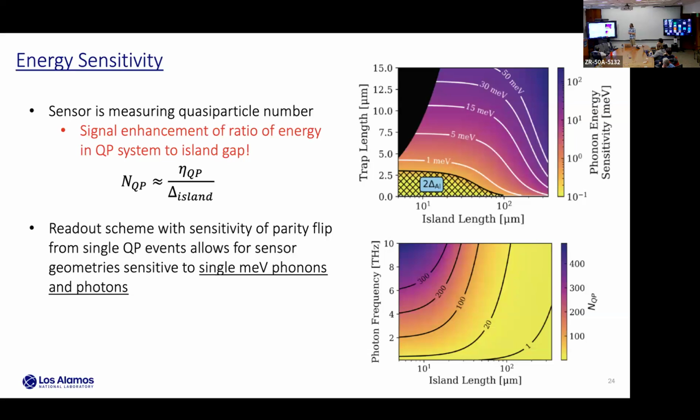But the Josephson junction isn't sensitive to that energy, it's sensitive to just the tunneling of the quasi-particles. What we actually get is we measure the total number of quasi-particles. So whatever energy is here, you get an enhancement by the energy of the gap itself.